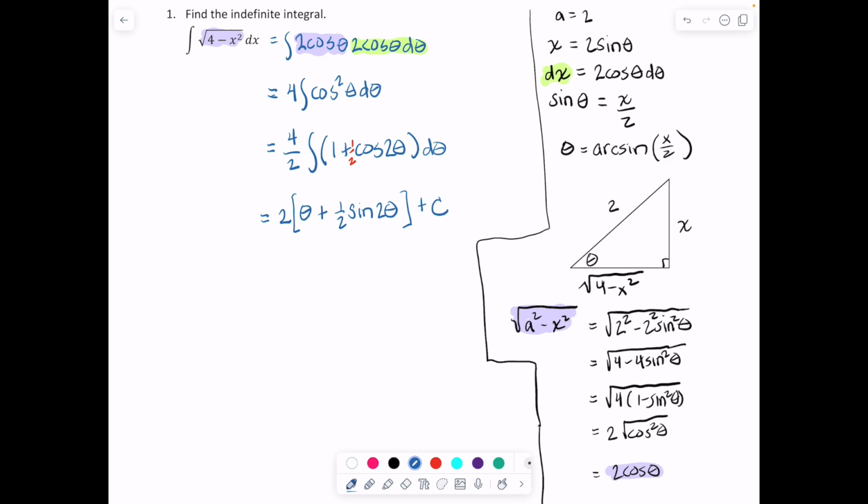Good so far? Excellent. So now we have 2. Now, what was theta? Beautiful. We have arc sine of x over 2. And that was another one that was over on this side.